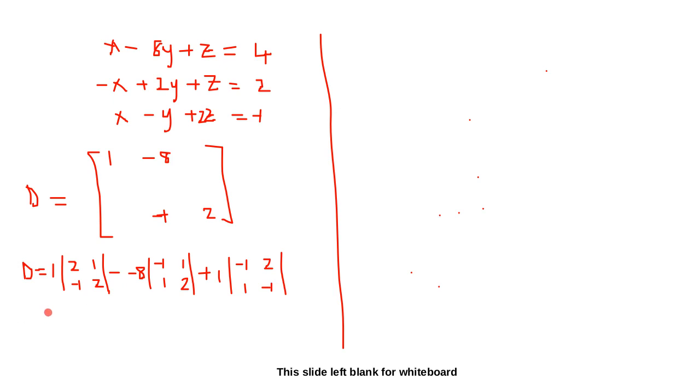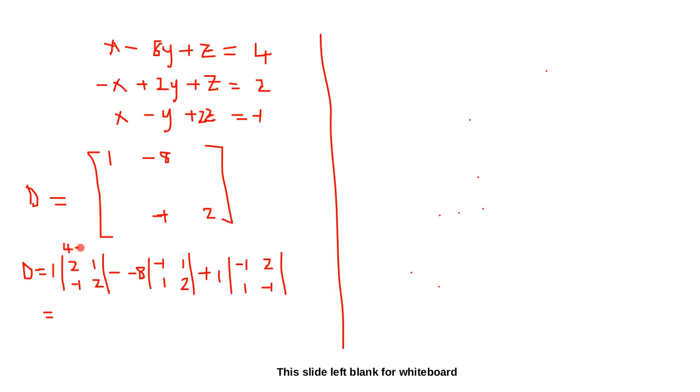So to get the determinant of this, now what we'll do is that we'll first of all factor this. We get the determinant of this. So the determinant, first of all, we multiply the elements in the leading diagonal. So 2 times 2, that will give us a 4.